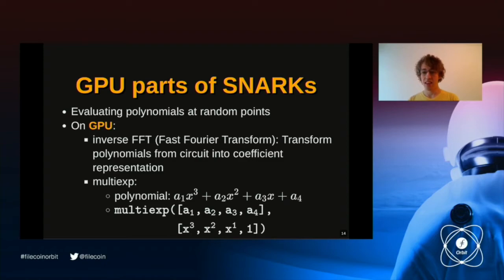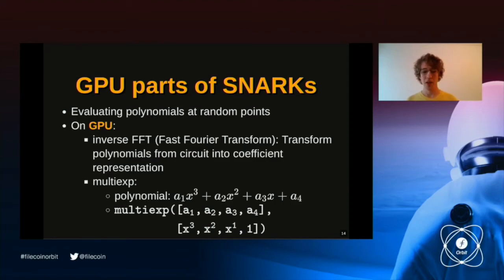And the other thing is, if you actually want to evaluate this polynomial, you use a function called multi-exp. What it does is that it can now operate on many of those elements at the same time.